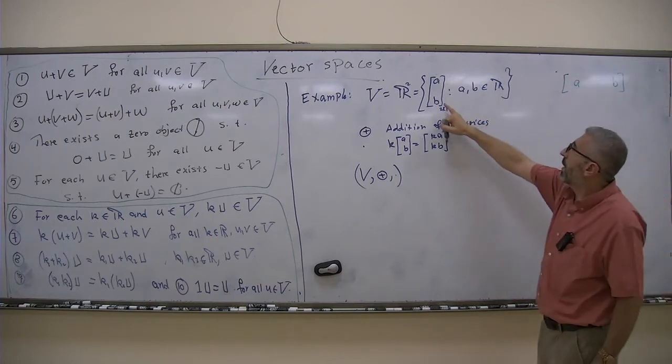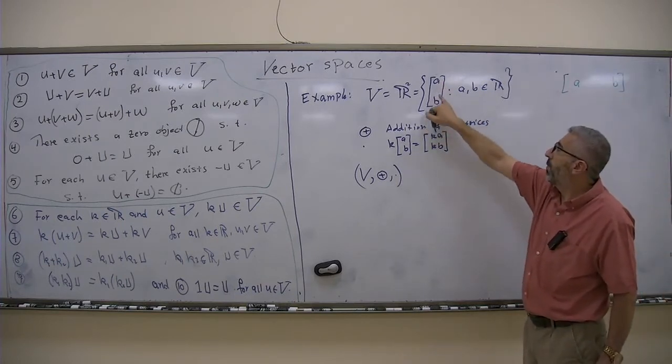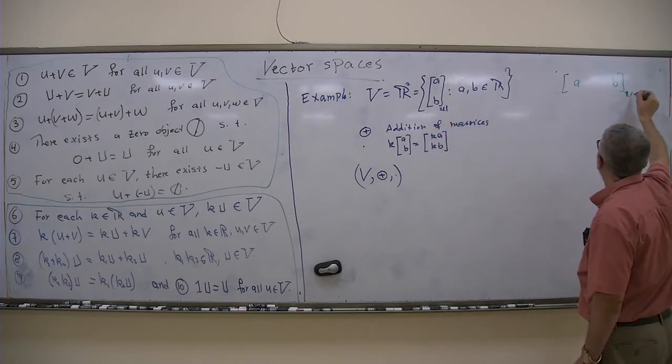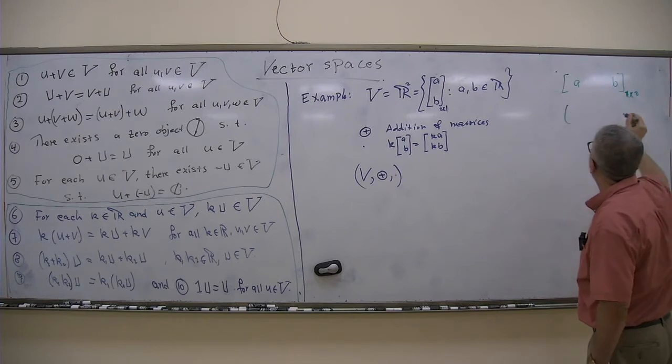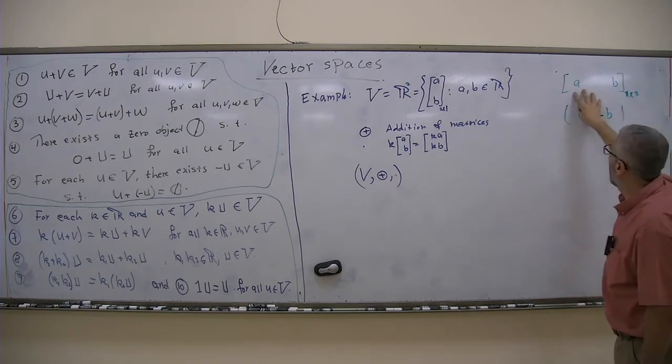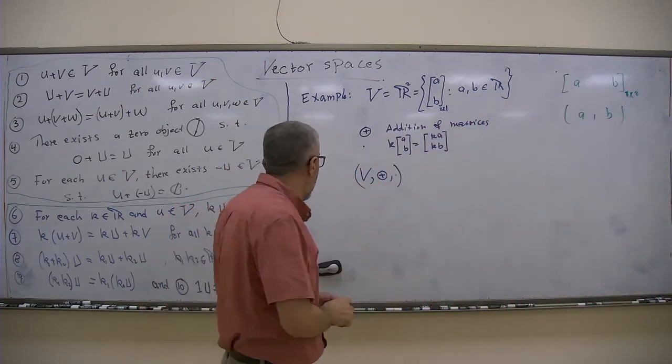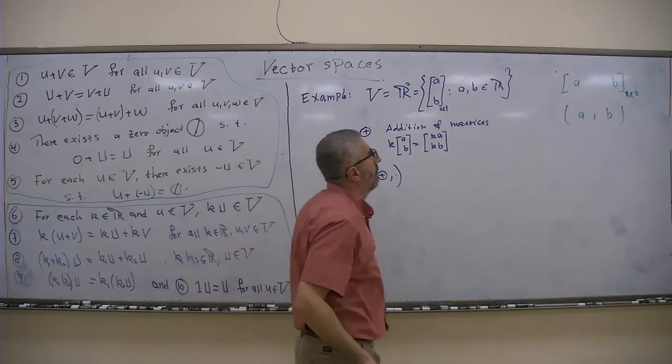So instead of writing your objects or your vectors 2 by 1, we can write them also 1 by 2. Or sometimes we write them like this, a, b. So whether we write them like this or like this or like this, still we are talking about the same thing. Okay? So that should not confuse you.